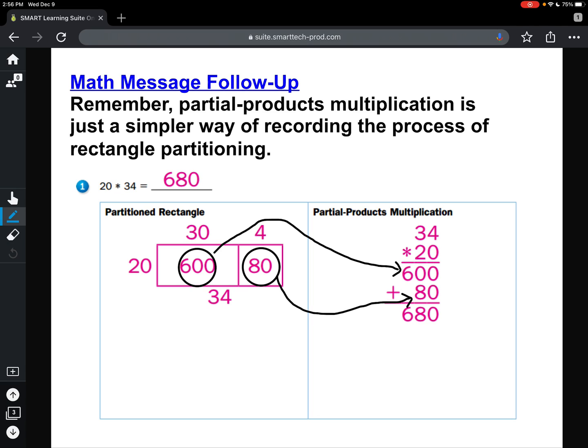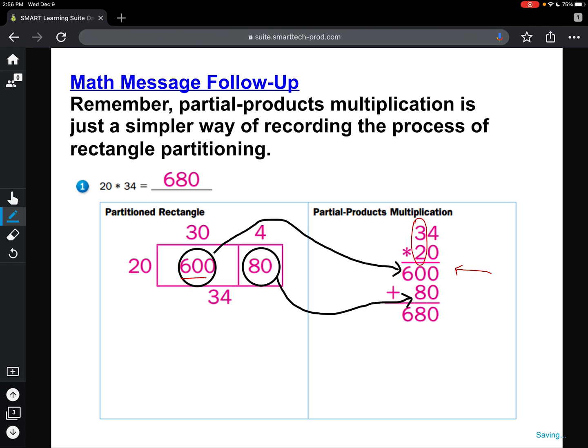Take a look at the picture below and look at how 20 times 34 is solved. Notice that my 600 inside of my box matches the 600 over here on the side when I did partial products multiplication.